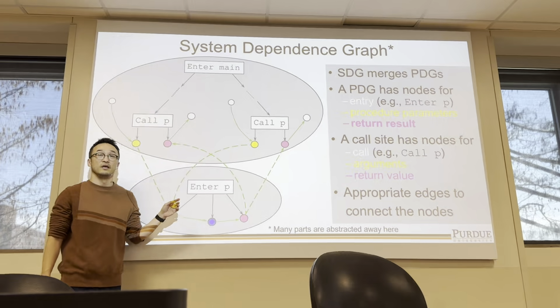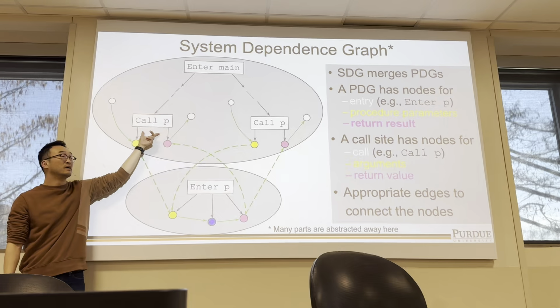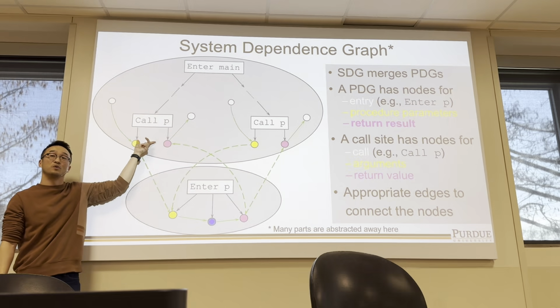Of course, these special nodes must be connected to the corresponding nodes right here. I have these special nodes for the parameter passing, and special nodes to get the function result. That means this is something relevant for this function call, or the call sites right there. That's why we have this connection to these special nodes.